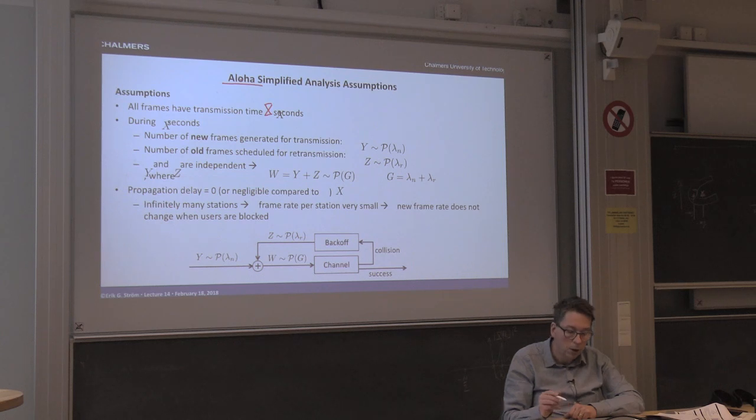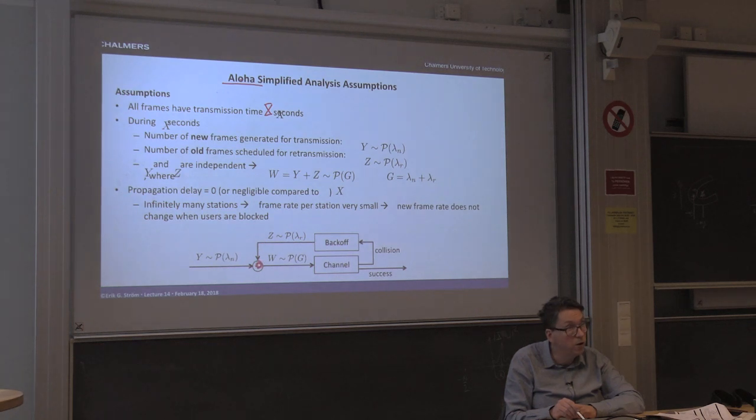Okay. So if we think of this as a model of what's going on, here are all the new frames generated by all the stations. Here are all the frames that are held by stations that are in backoff and need to be retransmitted. So at any given point in time during x seconds, the number of frames which are transmitted is W. It consists of new frames and old frames which are to be retransmitted.